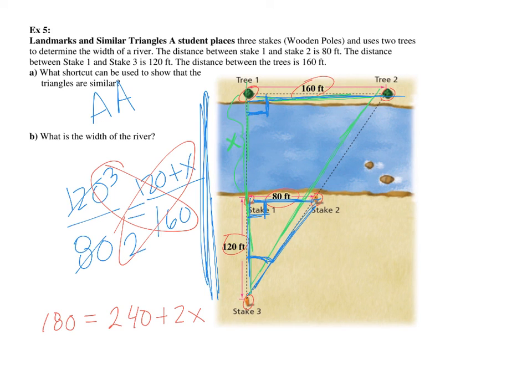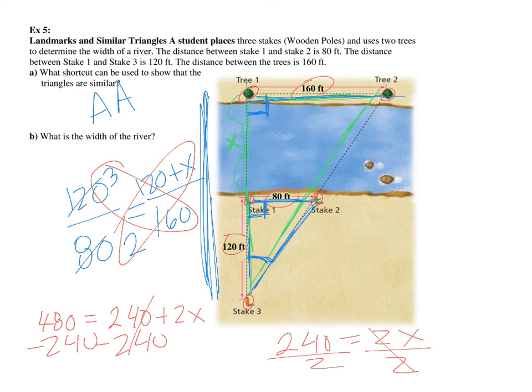Oh wait, that's not 180, that's 480. There we go. Okay, so I have 240 that I'm subtracting, and I get 240 is equal to 2x. So I divide by 2, and x is equal to 120. So that's the width of the river, 120 feet.